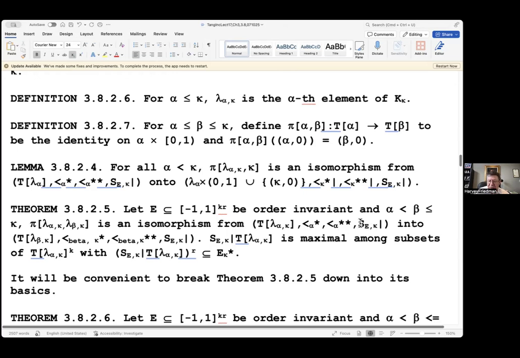Kappa is needed to tell you what the greedy construction, what the greedy set is. Each kappa.